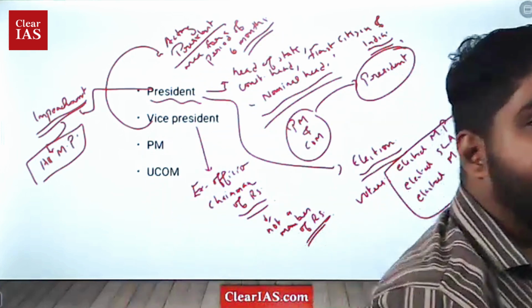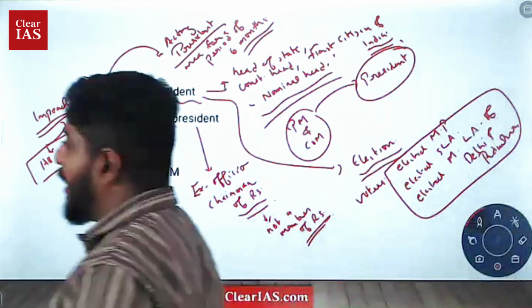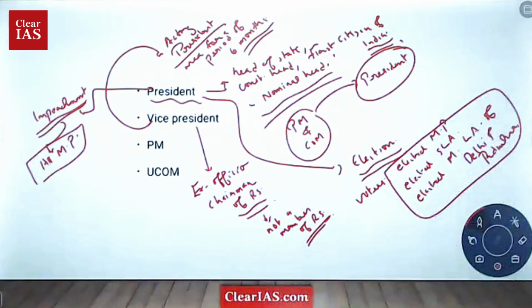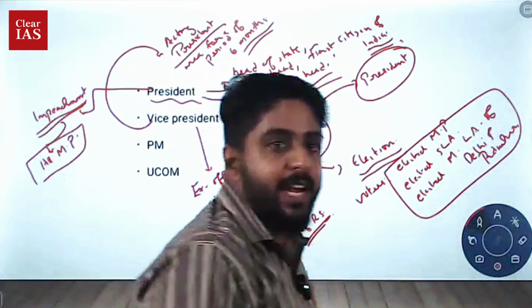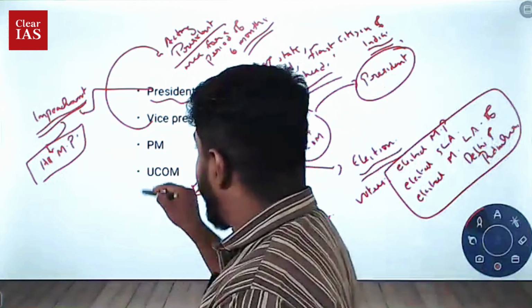So he has two functions. One, to preside over Rajya Sabha. Second, to be the acting President of India in the absence of the President for a maximum period of 6 months.